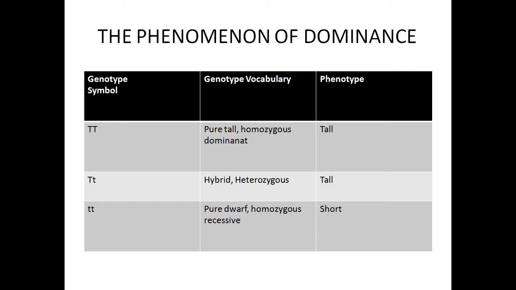Just now we have seen the tall plants and the dwarf plants. The character which can be seen both in homozygous and heterozygous condition, this is the homozygous tall, and this is heterozygous tall.